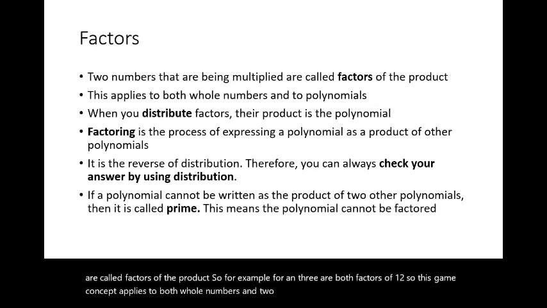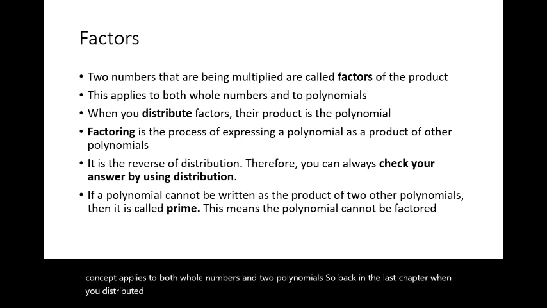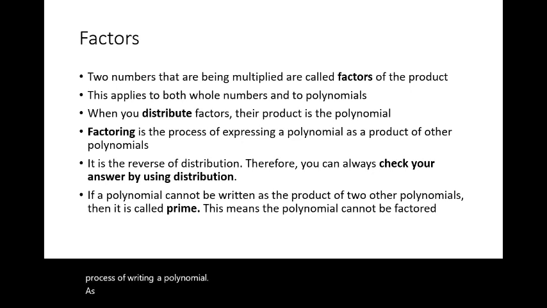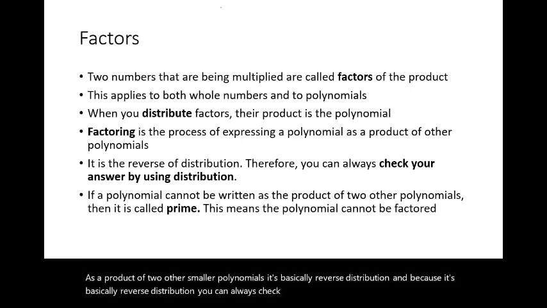Back in the last chapter, when you distributed factors, their product was the polynomial. So factoring is the process of writing a polynomial as a product of two other smaller polynomials. It's basically reverse distribution, and because of that, you can always check your answer using distribution.